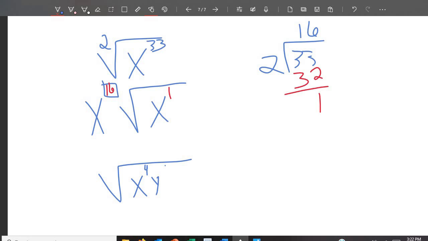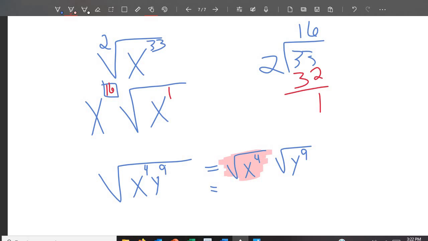Well, y to the 9th. Now if I've got 2 variables, I can do this. I can break it apart and do each variable separately. That might be the easiest way to do it. Alright. This one is easy to do.